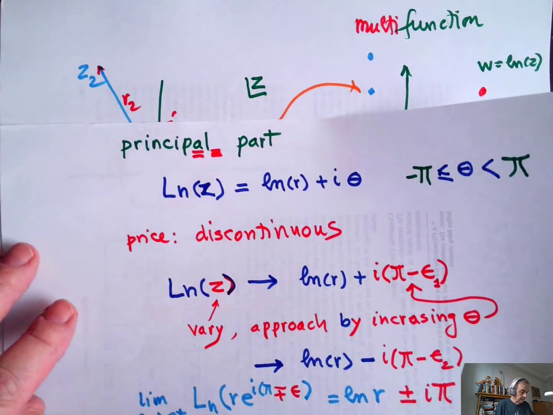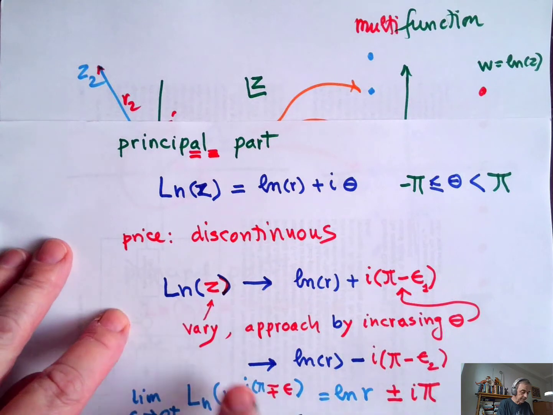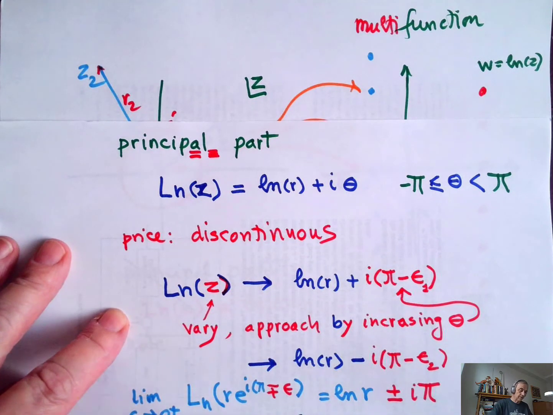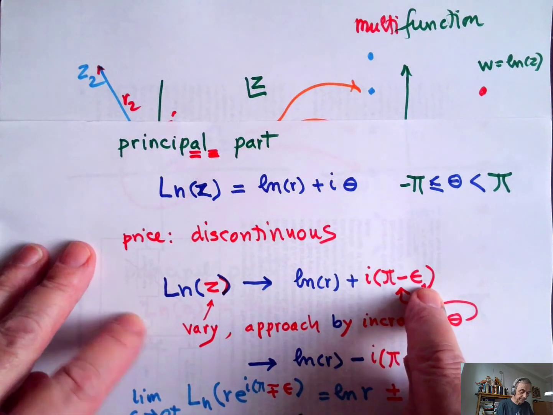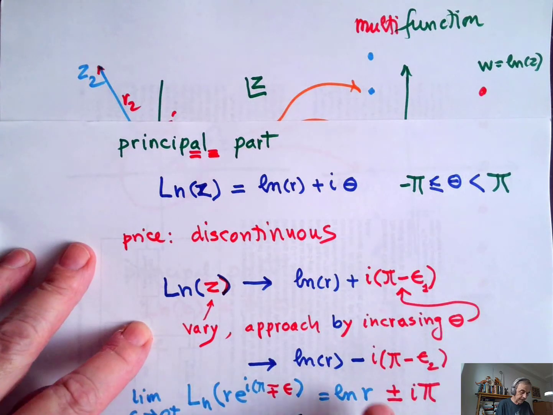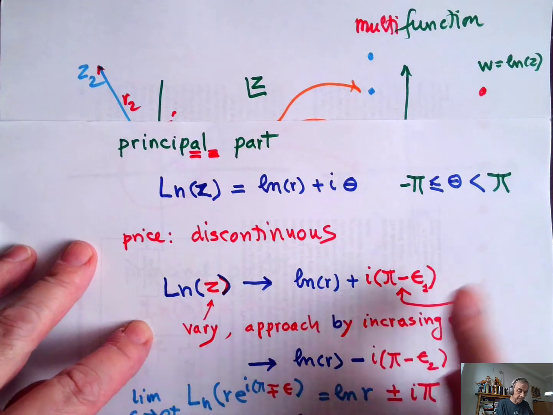So consider taking the logarithm of z, varying it in such a way that its angle theta approaches pi from below. So you're at this end of the interval. You increase theta until you're epsilon away from the edge.